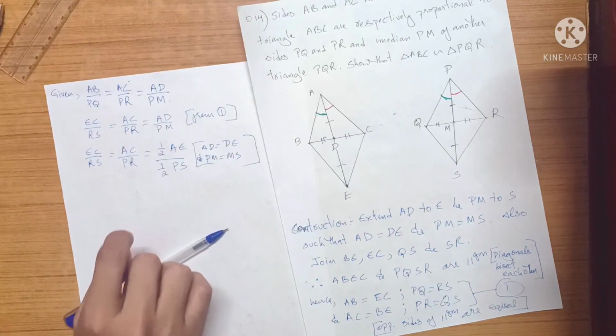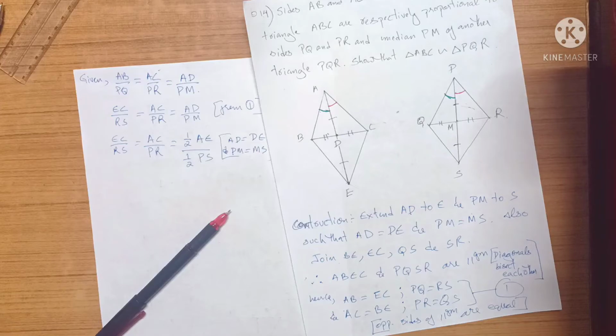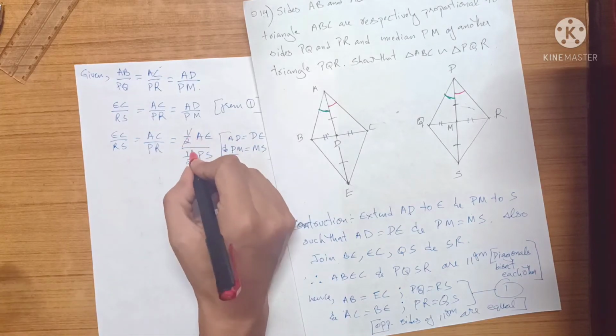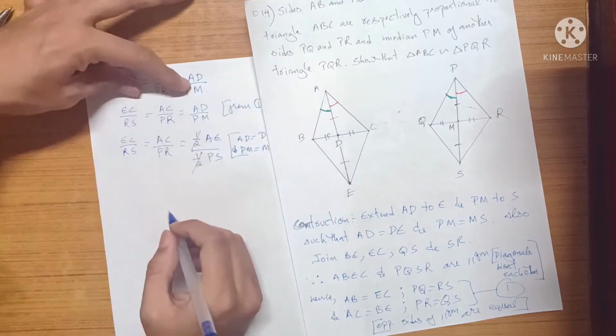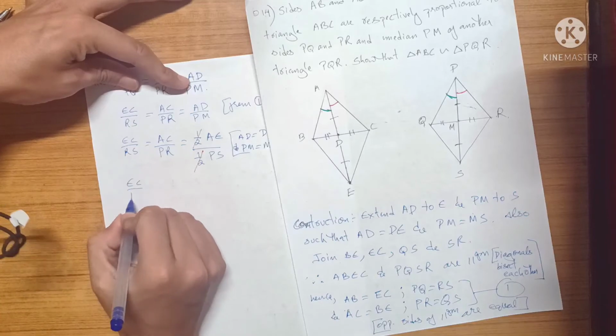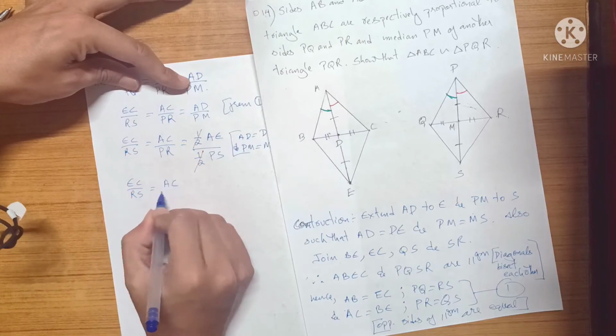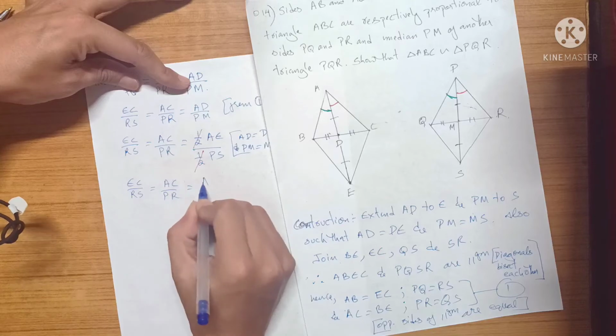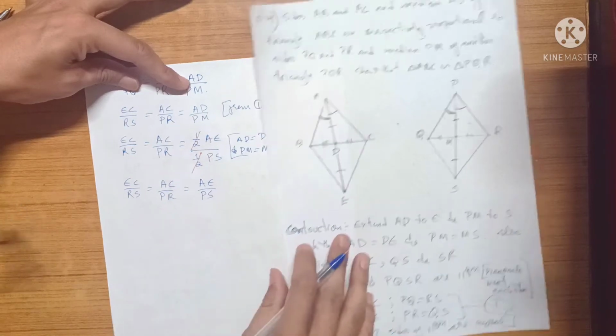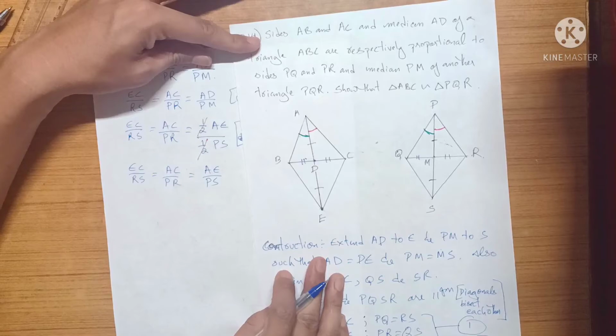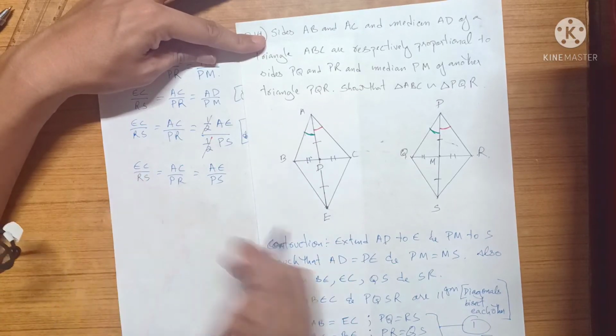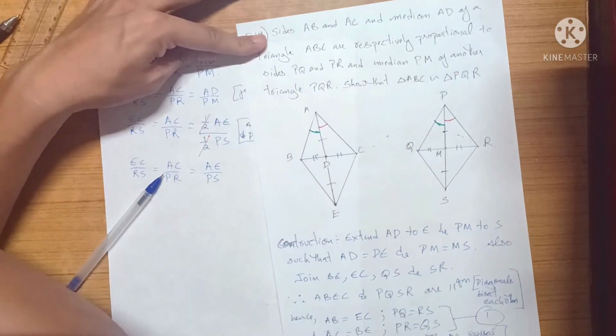So now if I cut this and this, we're left with EC by RS equal to AC by PR equal to AE by PS. Now if you look at the diagram, we have EC. EC is where? EC is this one.